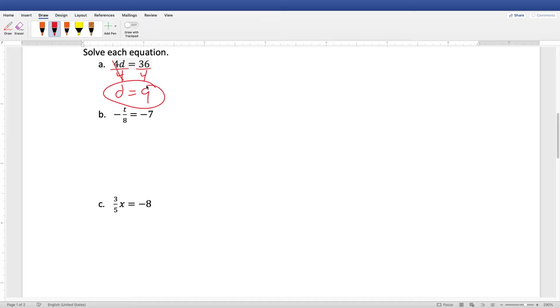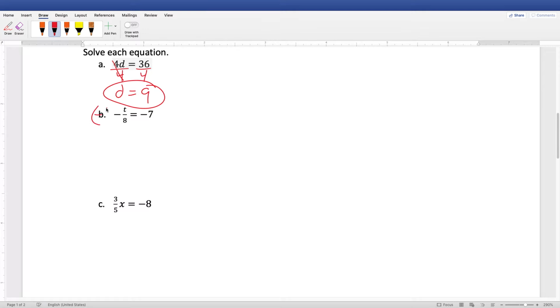Now we have negative t over 8 is equal to negative 7. Some people, when they take a look at this, think that the negative is applied to the t directly. It can be applied to the t directly or the entire fraction, so you can solve this in two different ways. We're going to solve it by multiplying by negative 8. That gets rid of the denominator.